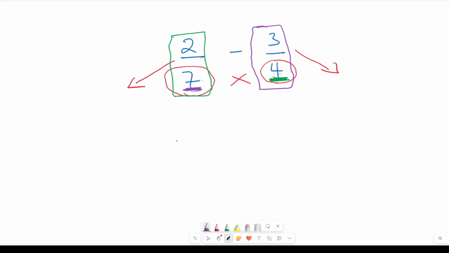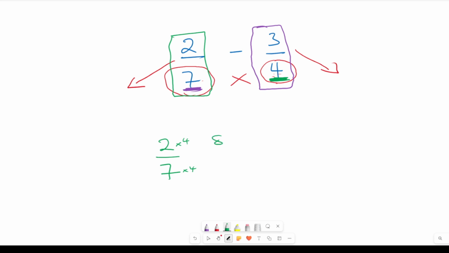I'm taking 2/7 in the green box, and I'm now multiplying both parts of this fraction by 4. So multiply here by 4, multiply here by 4.